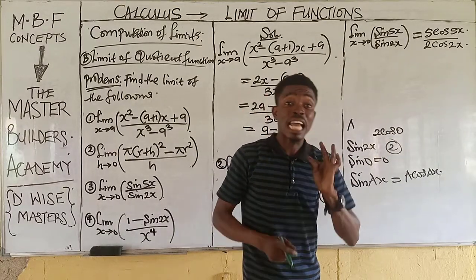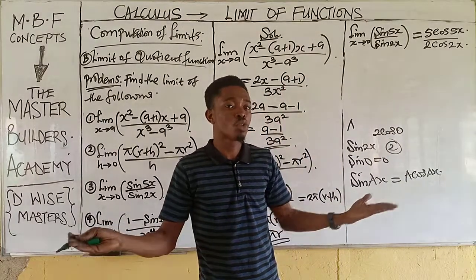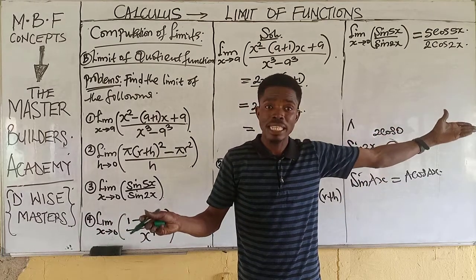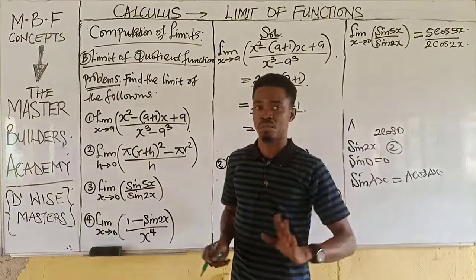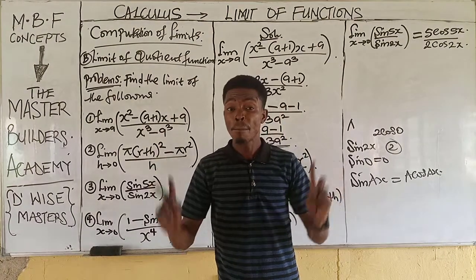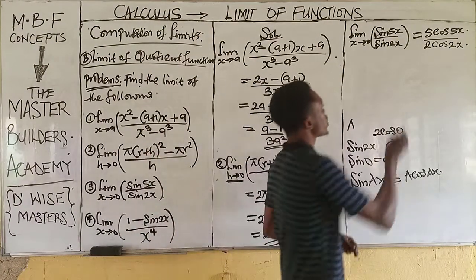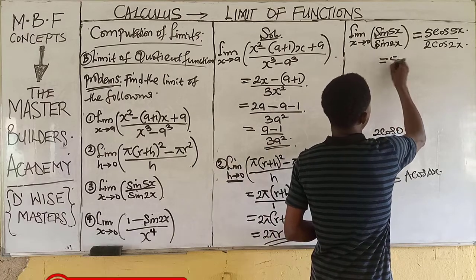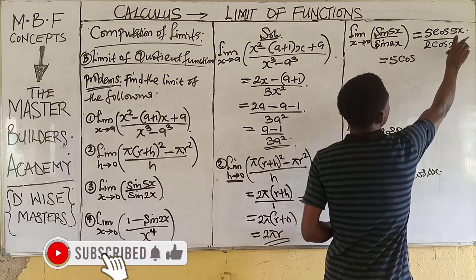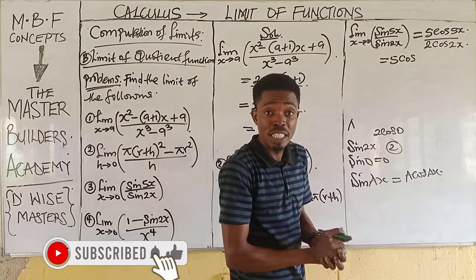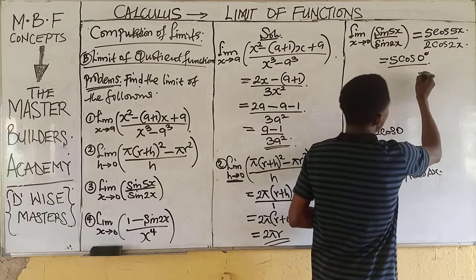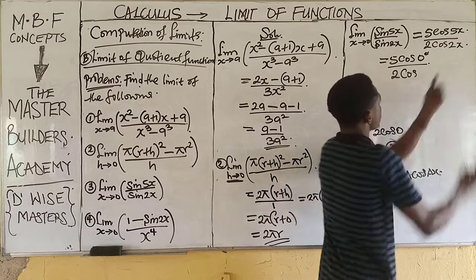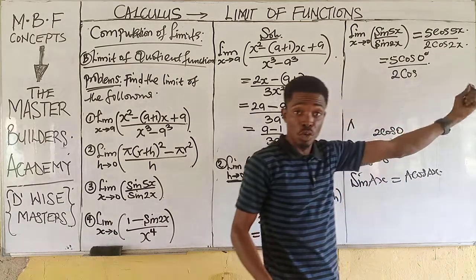And now that the denominator exists, all we need to do is to substitute the values directly. Our interest is that the denominator must not be 0. It can be any other value, but not 0. So here we have 5 cos 5 multiplied by 0, which is the value of x, giving 0. 2 cos 2 multiplied by x, which is 0, is 0.